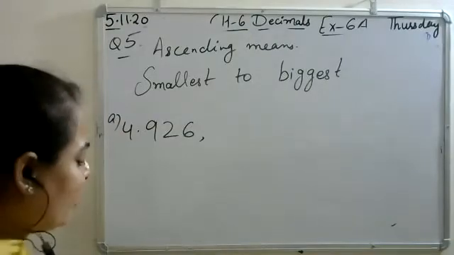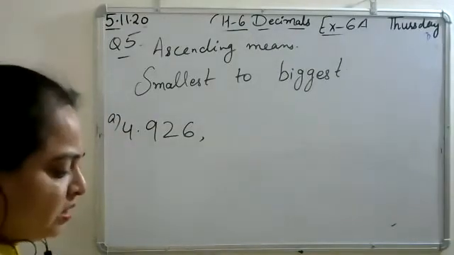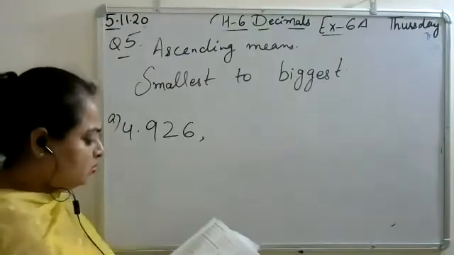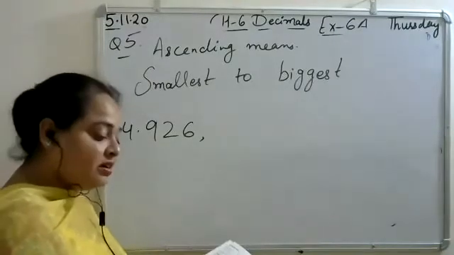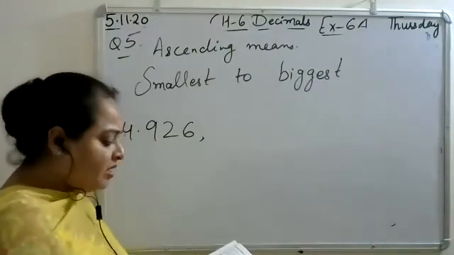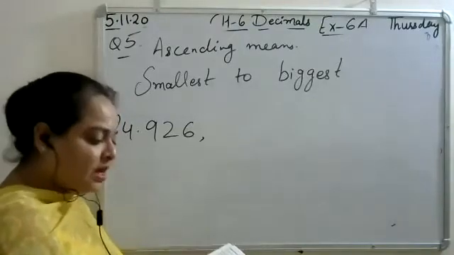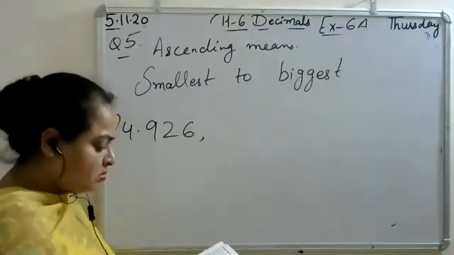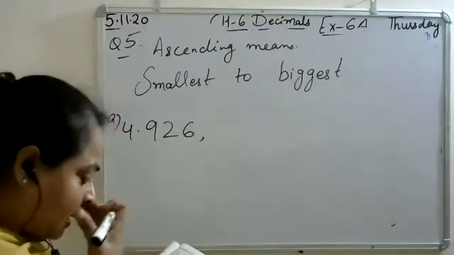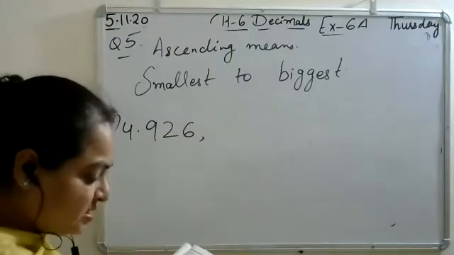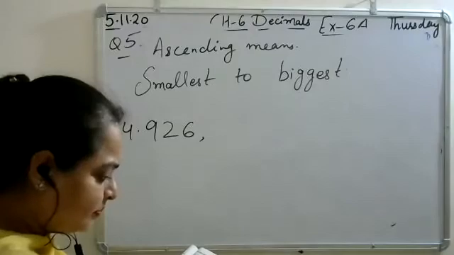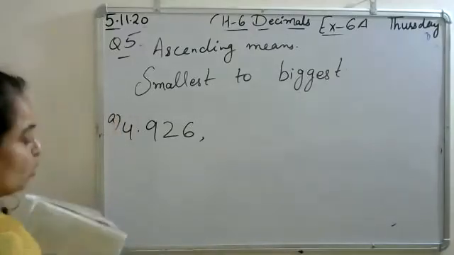Nishchay, 126 is not given in the question. Why are you writing 126? 126 is not given in the A part. I am waiting for your responses. Next we have, very good, 18 decimal 234.